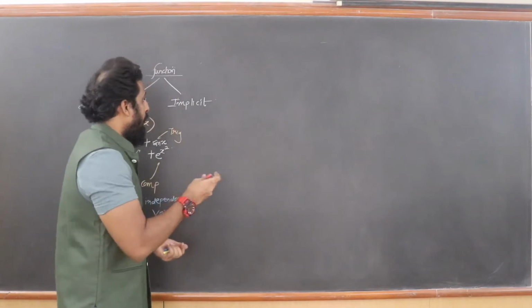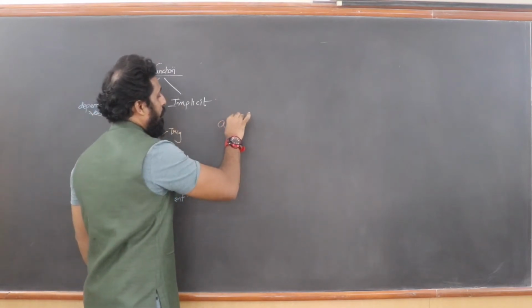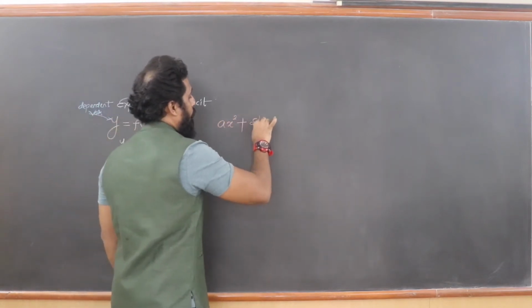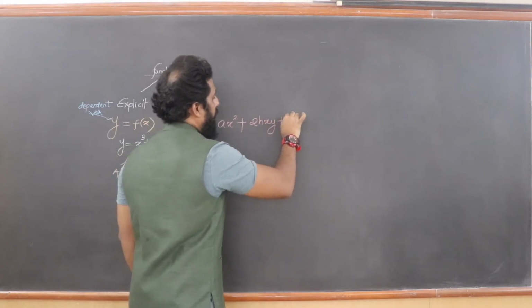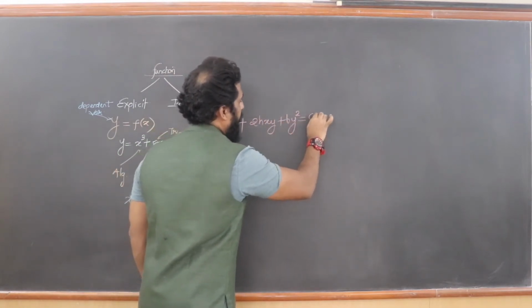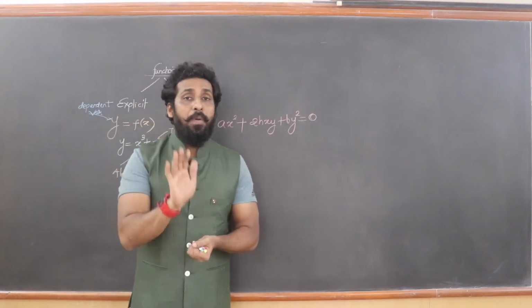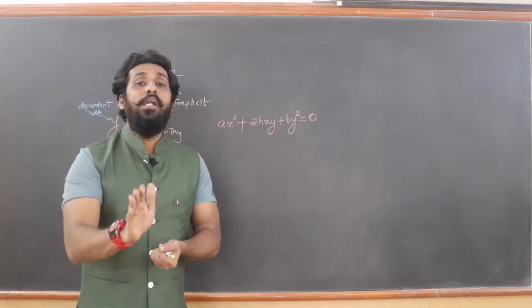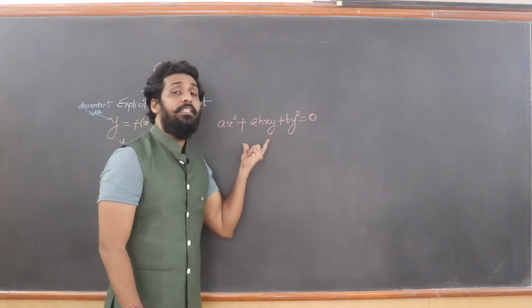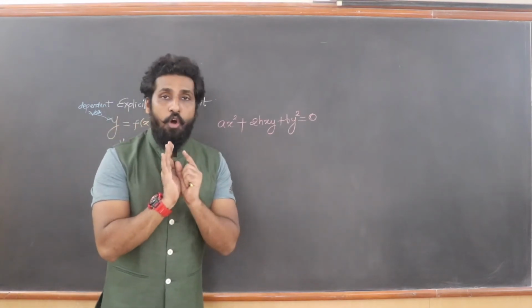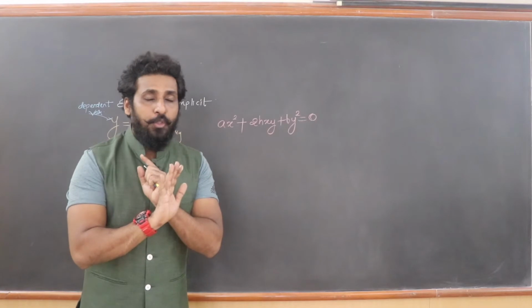Look at this. If I write an equation ax square plus 2hxy plus by square equal to 0. Now, if you have already learned something called pair of lines, you will definitely recognize what this equation is. And if you have not learned pair of lines, absolutely no worries.